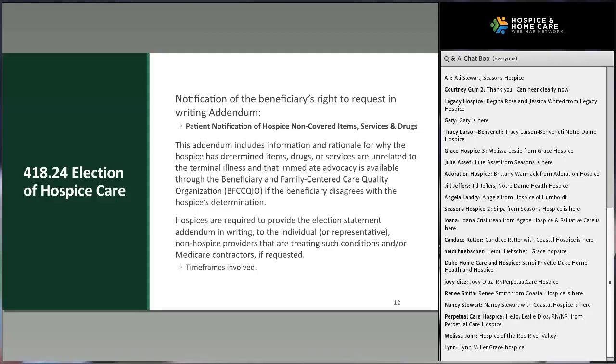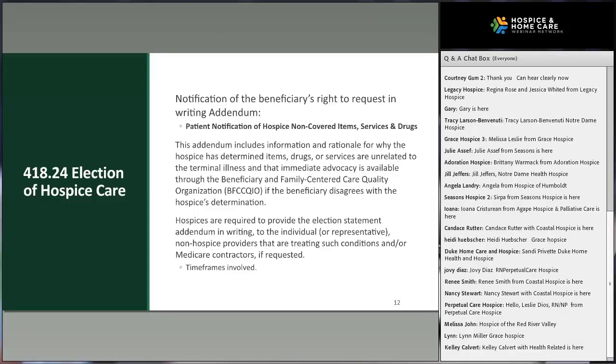But during the course of care, if there should be changes to the plan of care and certain, say, medications are no longer covered or certain treatments or services are no longer covered, that addendum needs to be updated and presented to the patient, and again, another signature goes out. So this is a continual working document, an active working document, again, for the sake of transparency.